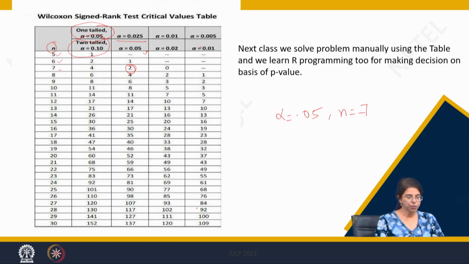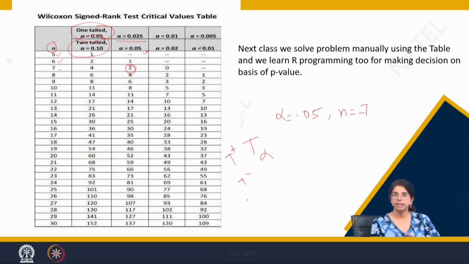So you can go to any value, these will give you T alpha, and if your T calculated, T plus or T minus or minimum of T plus and T minus, is less than T alpha or T alpha by 2, then you reject the null hypothesis. That is how the manual way of testing by the Wilcoxon sign rank strategy can be done.